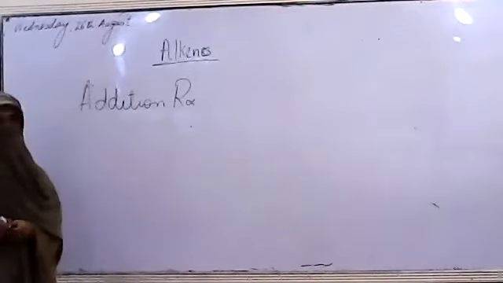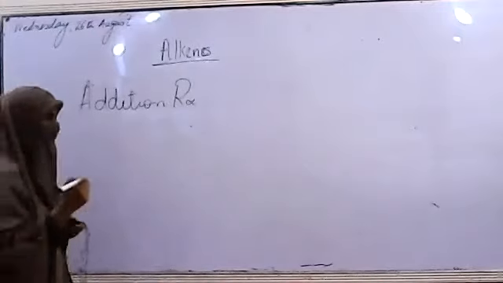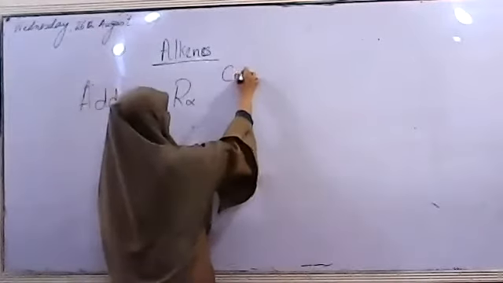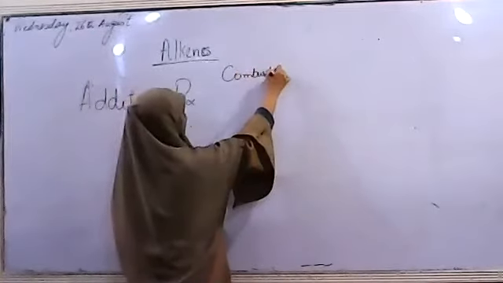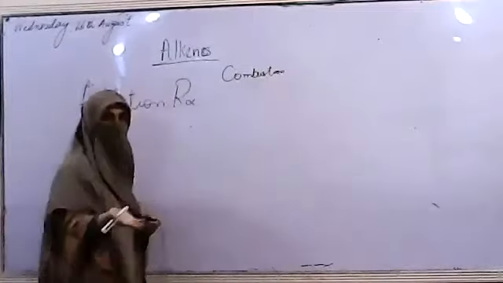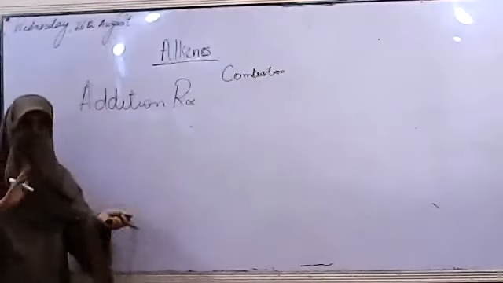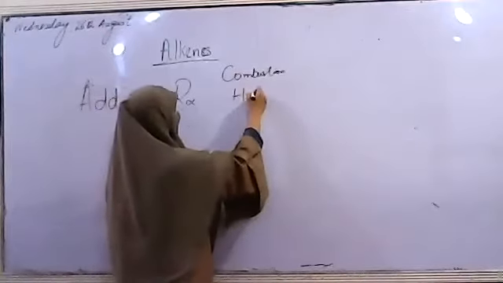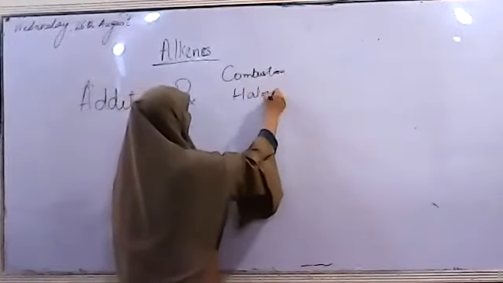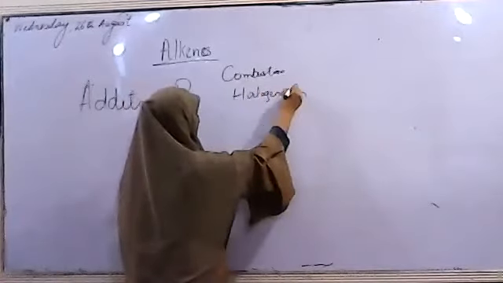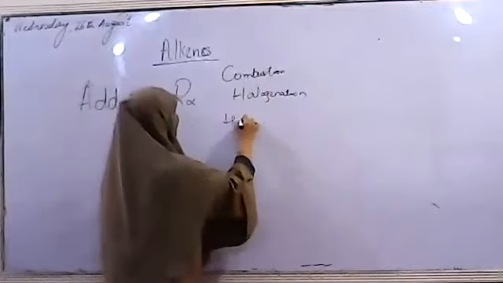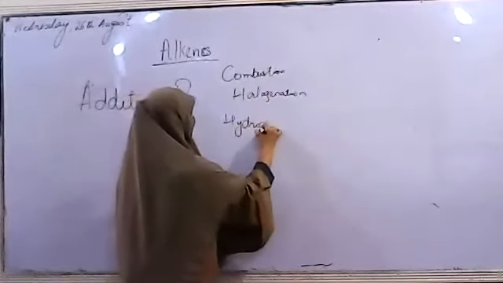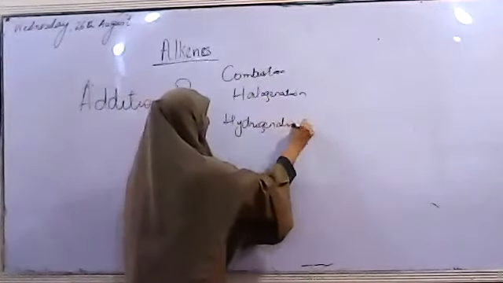Now, first of all, we studied the combustion. And then we also said the combustion can be of 2 types: complete and incomplete, just like an alkane, no change. Now, we studied halogenation. Also, we studied hydrogenation.